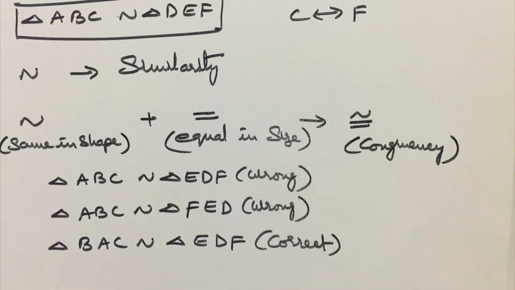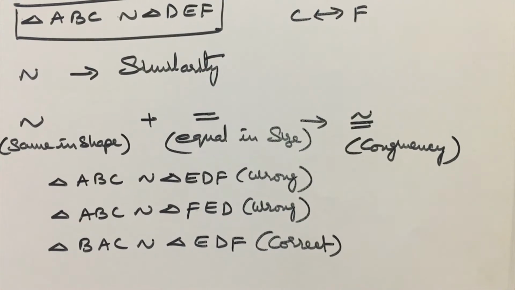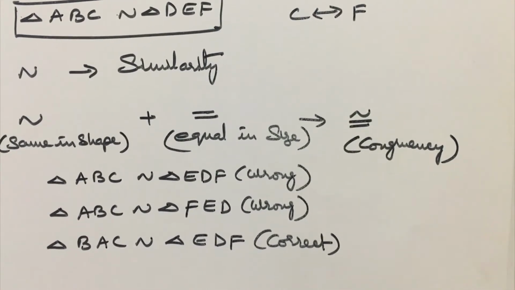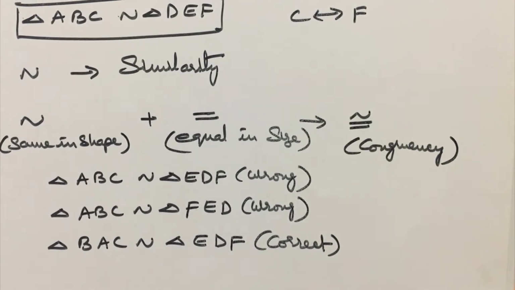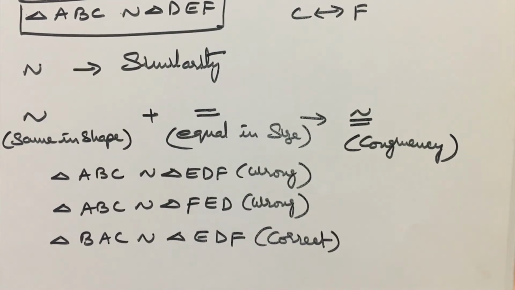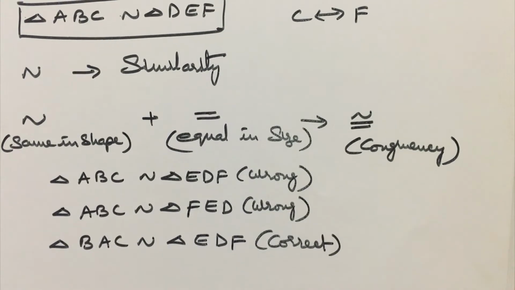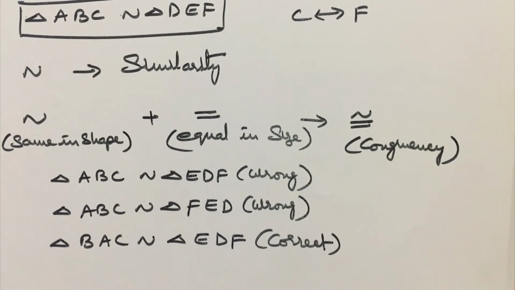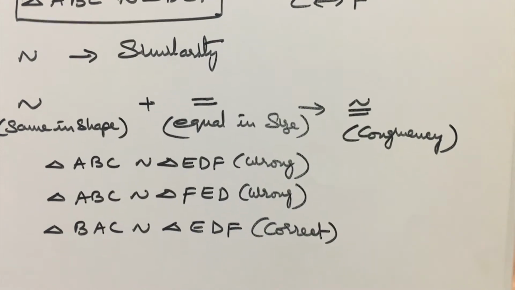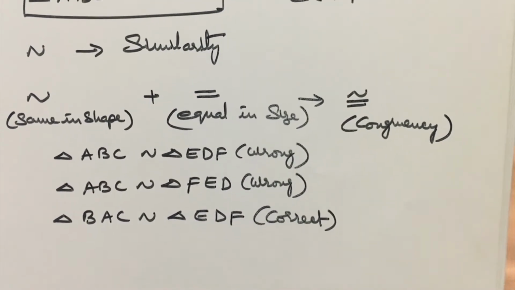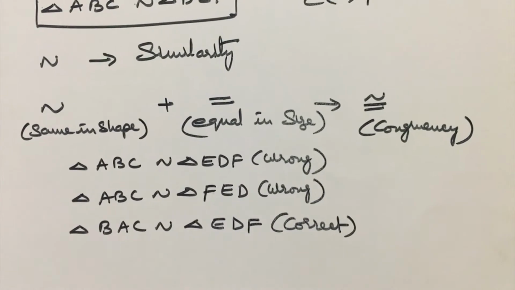It means totally we can have 6 parts in any triangle, and only we are comparing 3 parts of it. Either 3 sides, or 2 sides and the included angle, or else 2 angles and the included side, or else in right angle triangles, hypotenuse and a side. Like that we compare only 3 parts.